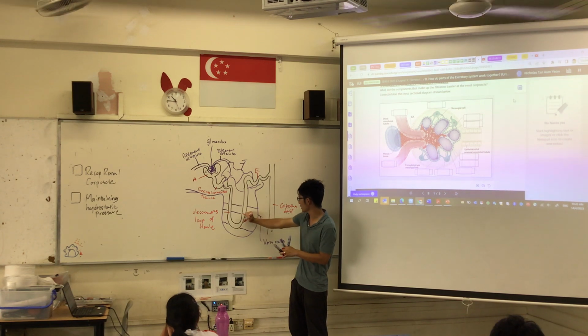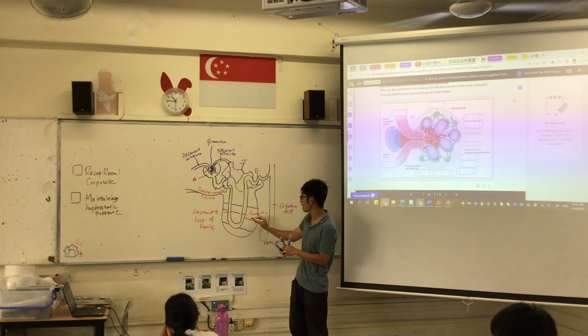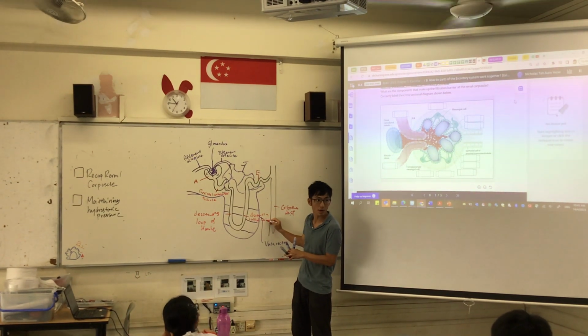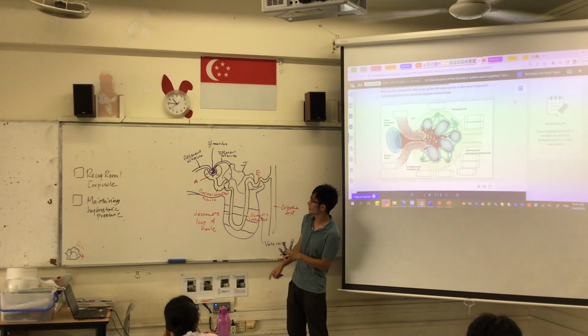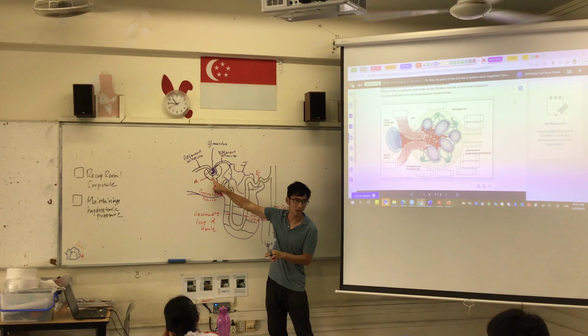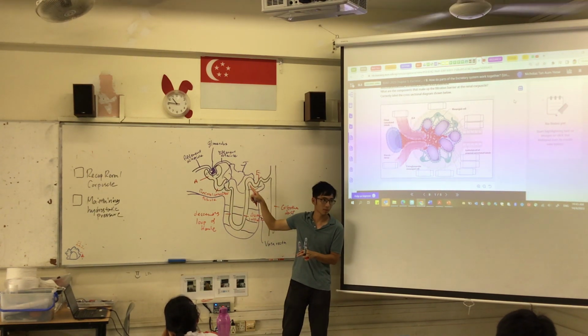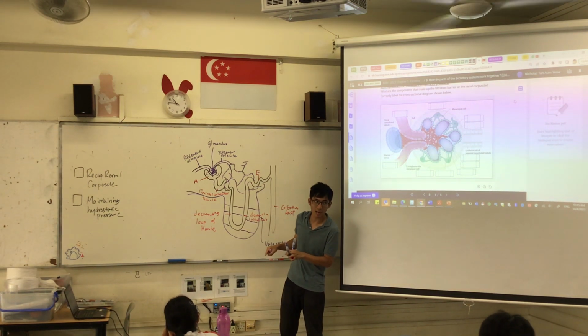Okay, Rohit chose this, the ascending loop of Henle. Rohit, does the ascending loop of Henle carry filtrate or blood? Your filtrate comes out through here, then it will flow through the PCT, down the loop of Henle, go up. So it contains filtrate, not blood.